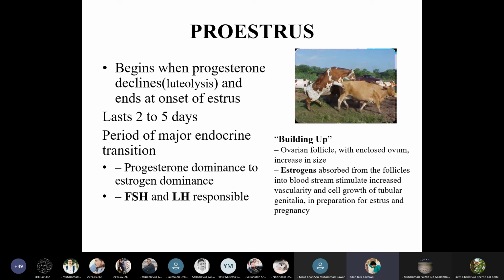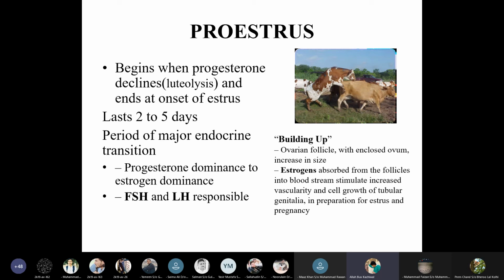The building up of the ovarian follicles starts in the proestrus with an enclosed ovum increasing in size. The egg is produced by the luteinizing effect. The estrogens absorbed from the follicles into the bloodstream stimulate increased vascularity and cell growth of the tubular genitalia in preparation for estrus and pregnancy.